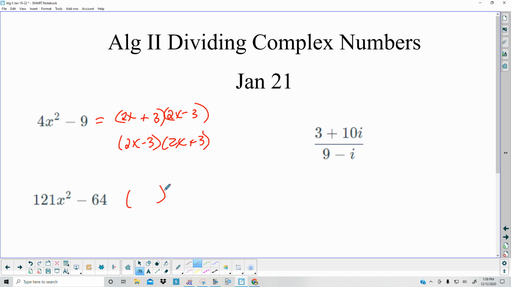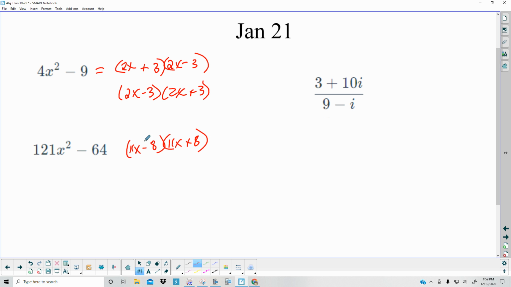This one would be 11x, we'll go minus first, minus 8, and 11x plus 8. Because when you FOIL it out, there's the 121x squared, plus 88x minus 88x minus 64.